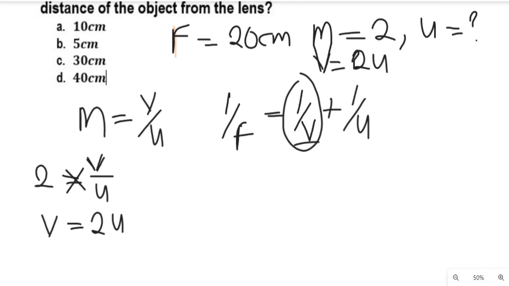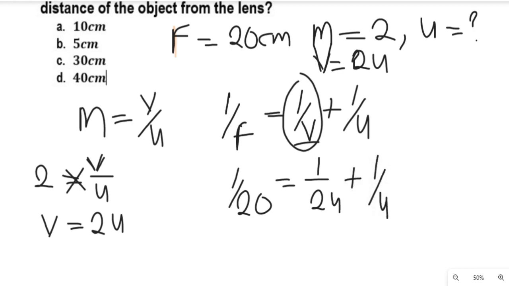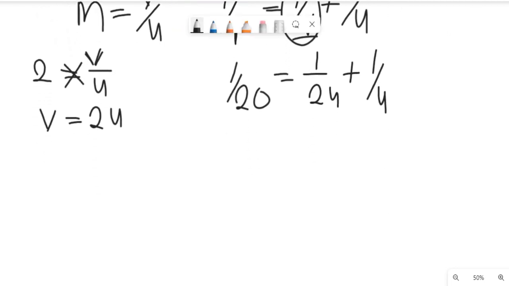So if we substitute it here, we'll have 1 divided by 20 equal to 1 divided by 2u plus 1 divided by u. Now we have arrived at the point in which we need to simplify that expression in order to get our final result.